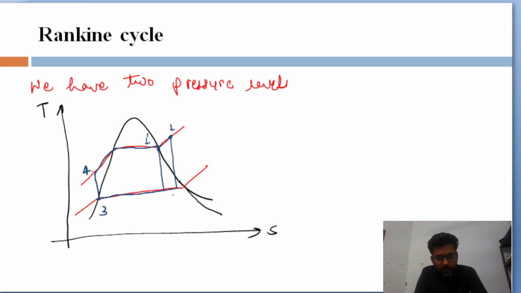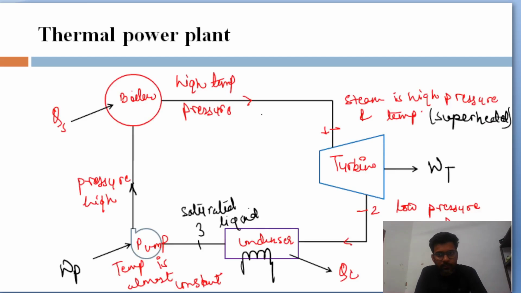So this is the simple Rankine cycle, and in this we consider the turbine as insulated, because we don't want to lose any work.